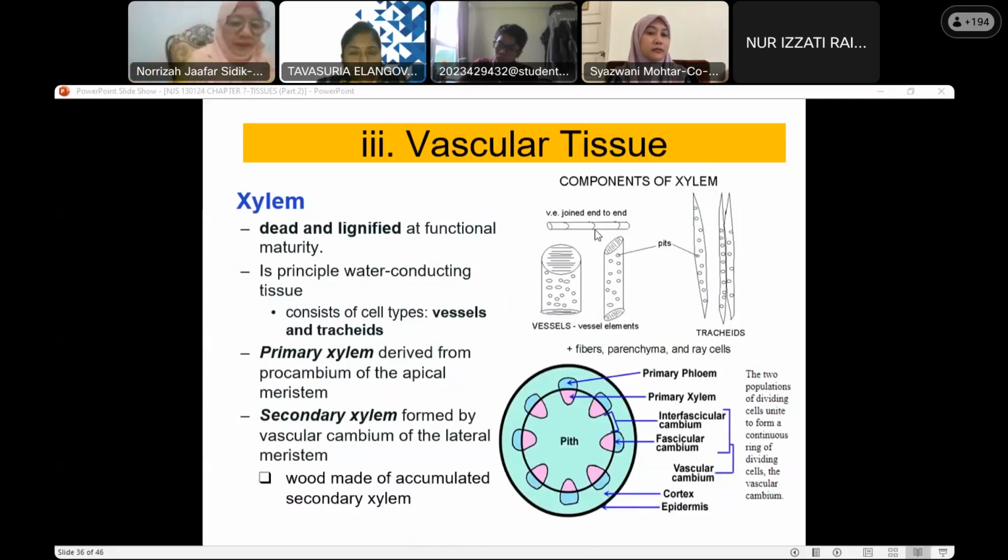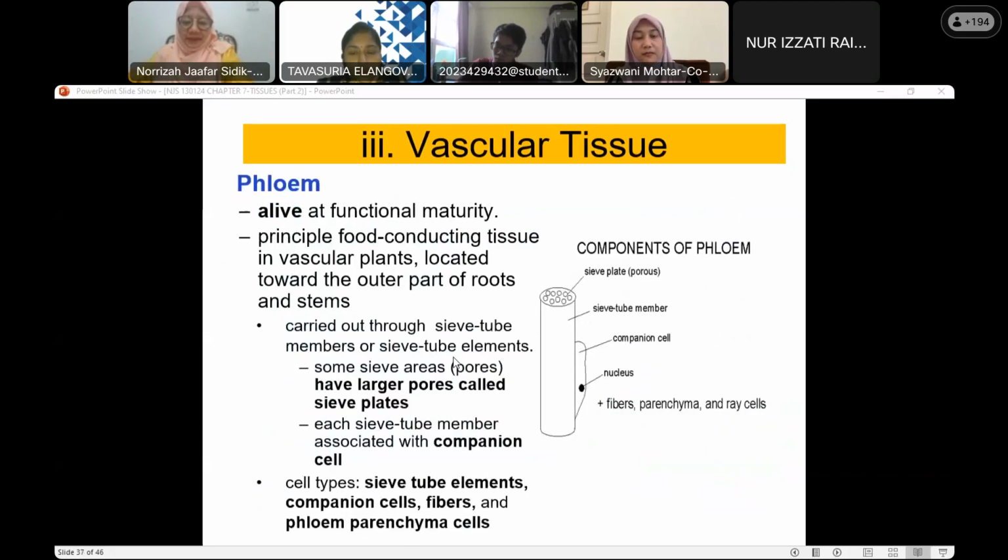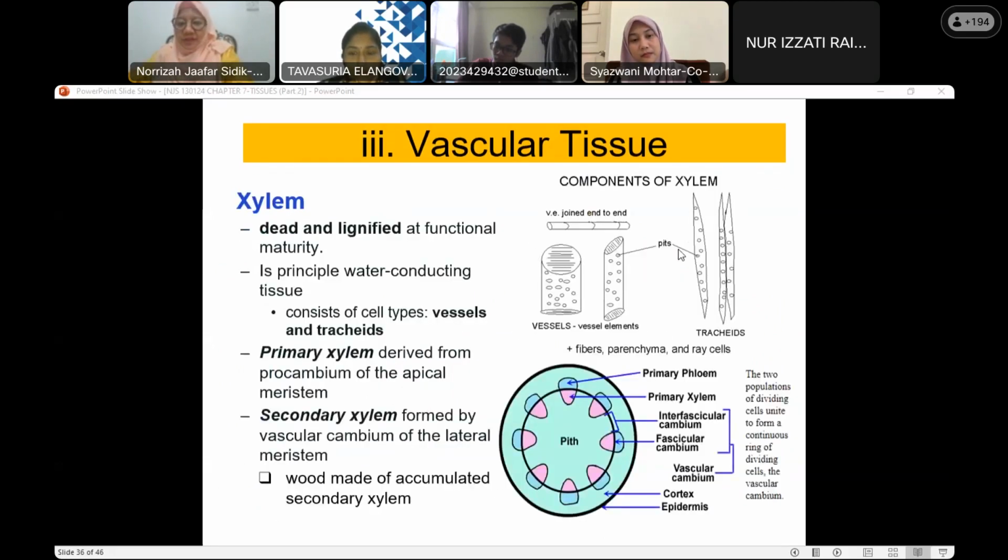Okay, the xylem cells are dead and lignified at functional maturity. They have the vessel elements and the tracheids. The primary xylem is derived from the procambium of the apical meristem, and the secondary xylem from the vascular cambium of the lateral meristem. Because of this shape, they have tube-like structures.